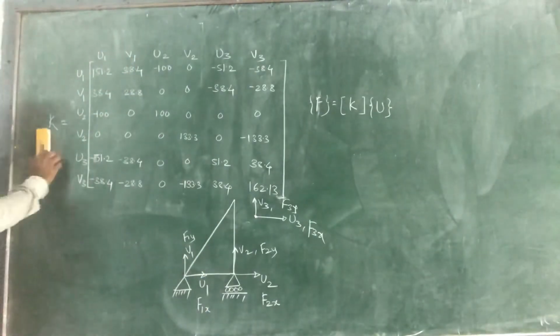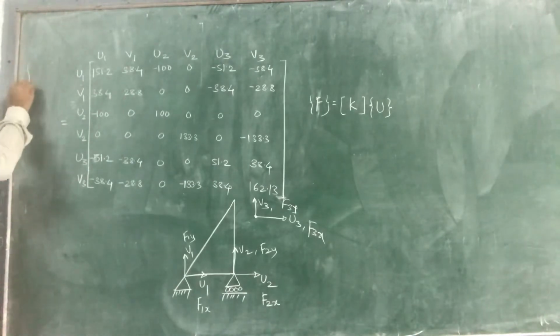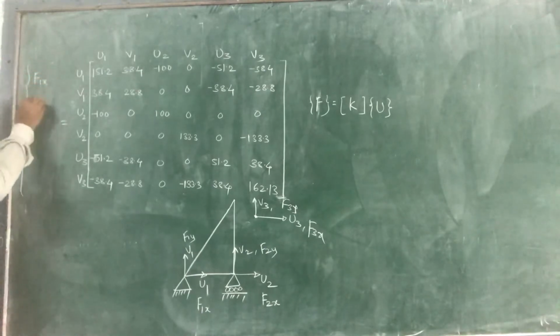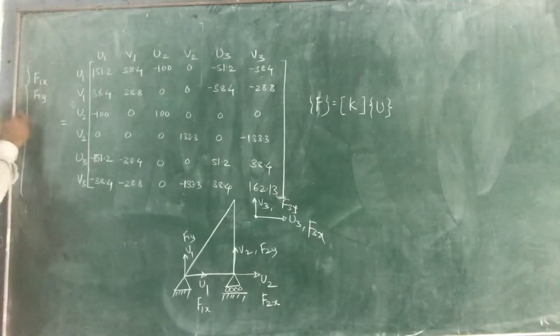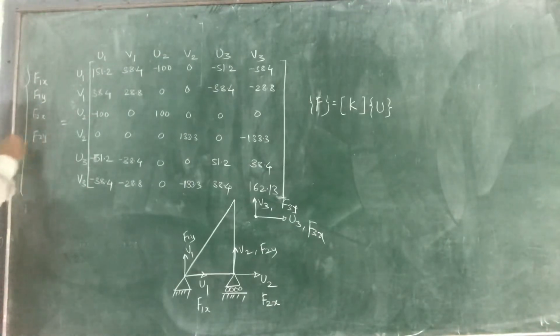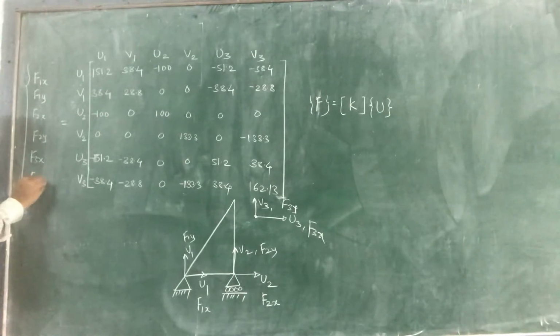So this is your F1x, F1y, F2x, F2y, F3x, F3y.